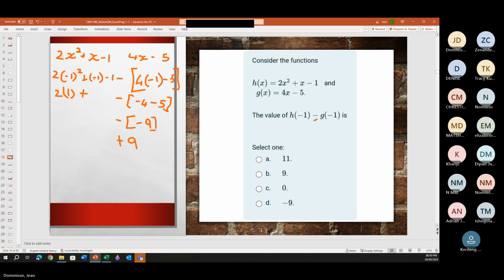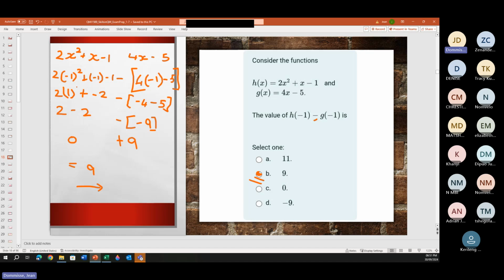Then -1 minus 1 becomes -2. So here we've got 2 plus -2, so 2 minus 2 is 0, so 0 plus 9 is equal to 9. Okay, which is option B.